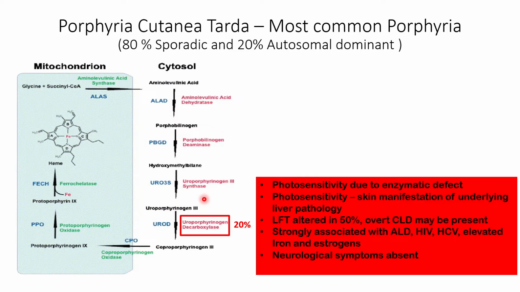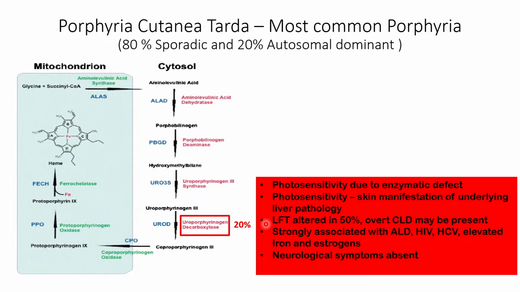The photosensitivity is also seen with liver involvement. So in these patients, liver function test is deranged or altered in 50% of cases. And these patients may have an underlying chronic liver disease.